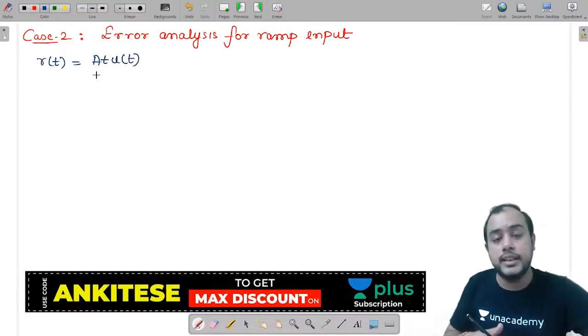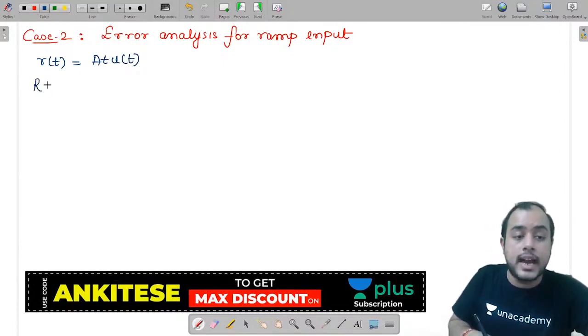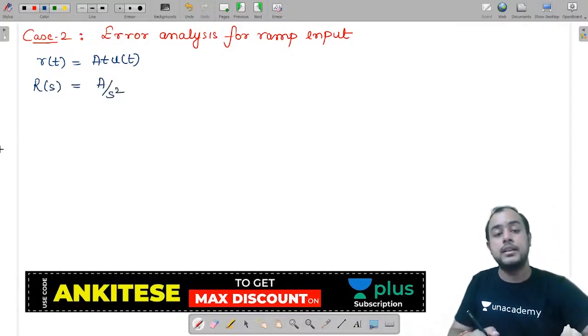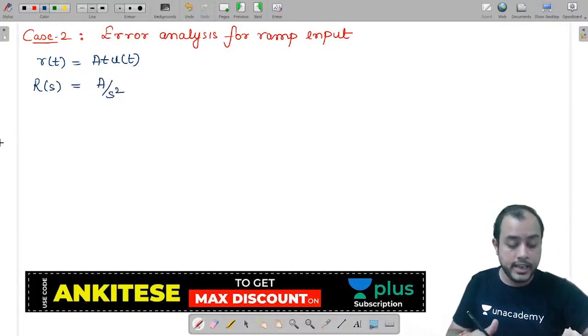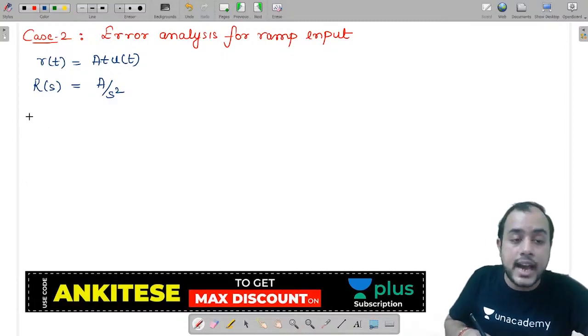The input is amplitude A into t u(t). Now what does that mean? That means this R(s) will be A by s square.